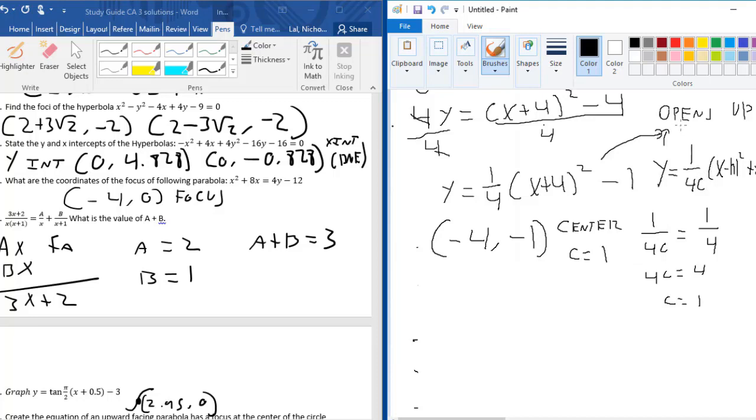Our parabola opens up, which means our focus is going to be directly above our vertex by the focal length. So all we have to do is add 1 to the center, and our focus will be at negative 4, 0. That's where our focus is.